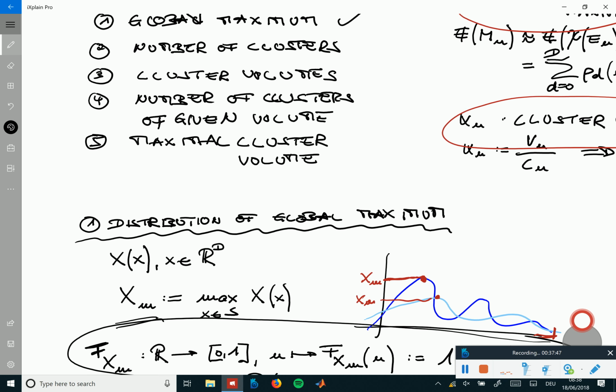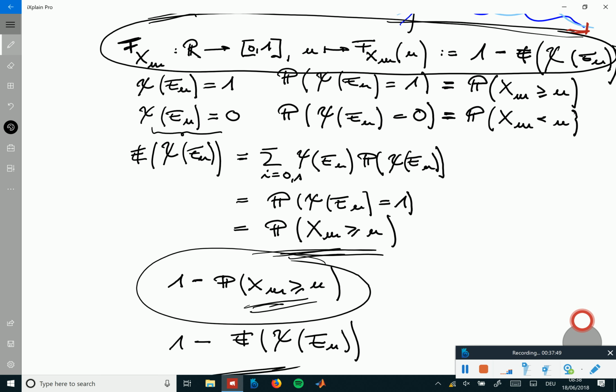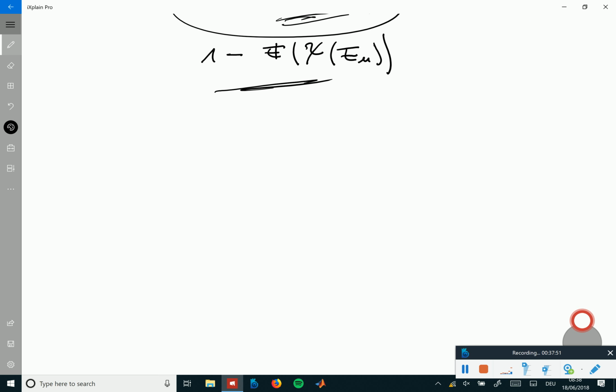The number of clusters we can actually do before the break, because that's relatively quick. Number 2: distribution of the number of clusters in the excursion set. So the question is, we have an excursion set. How many clusters do we have? That can be 1, so an excursion set that has only one cluster, or many more clusters, which are all separated, of course.